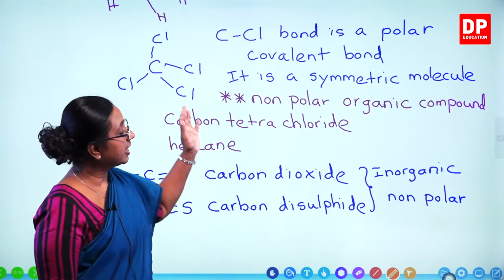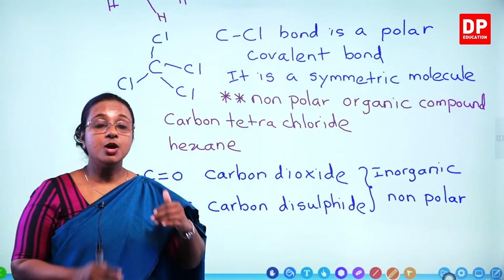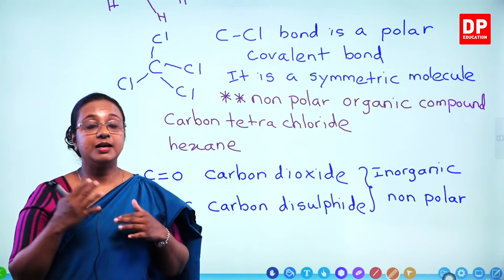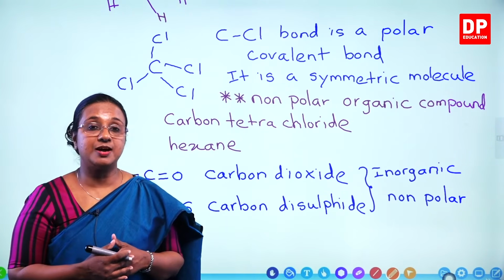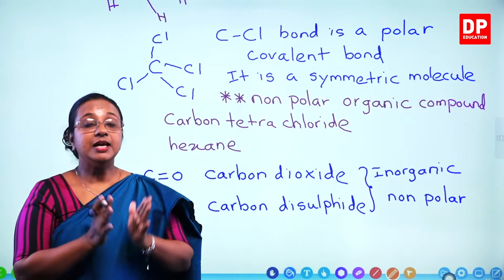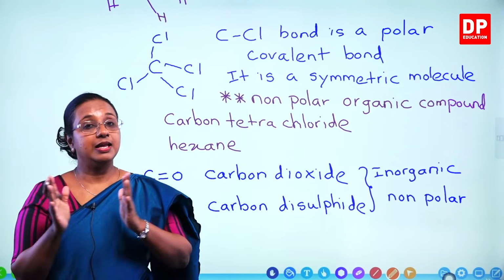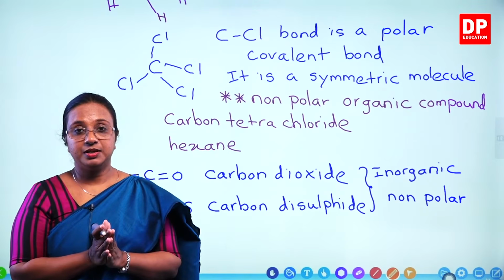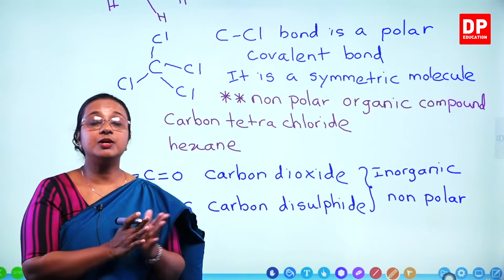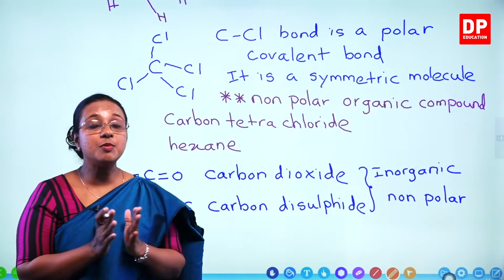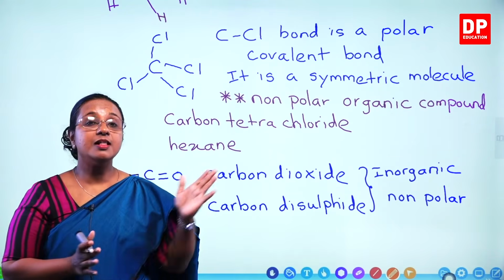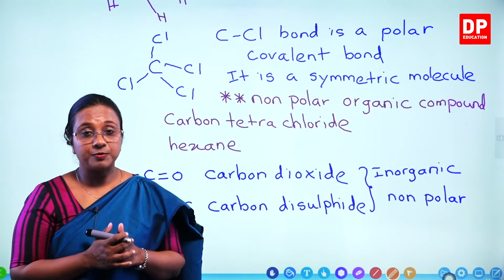So students, I hope you understand what polar and non-polar compounds are. Remember, if there is no polar covalent bond, it is a non-polar compound. If there is a polar covalent bond and the molecule is not symmetric, then it is a polar compound.